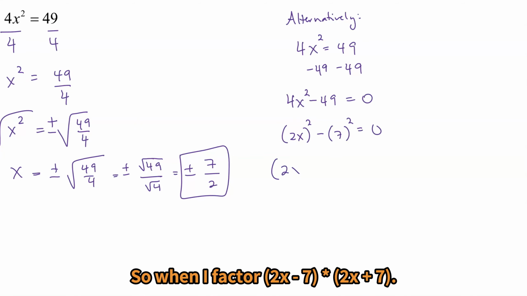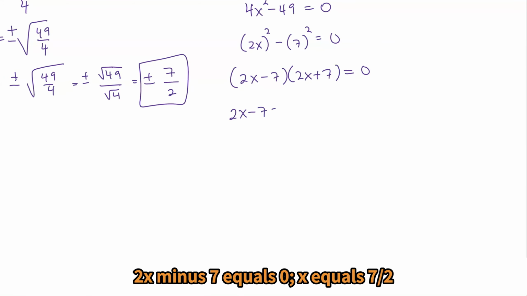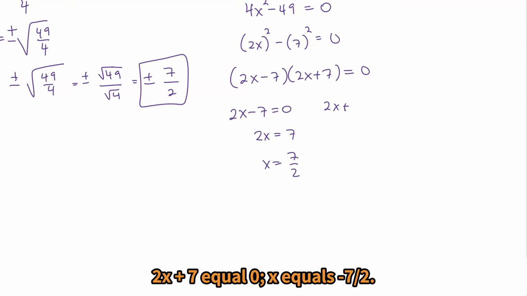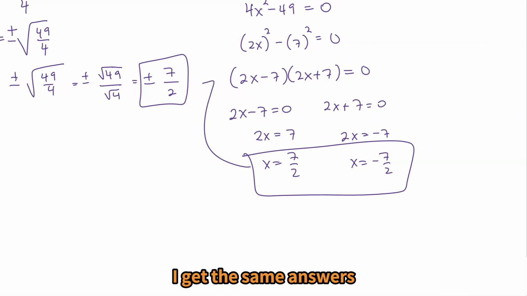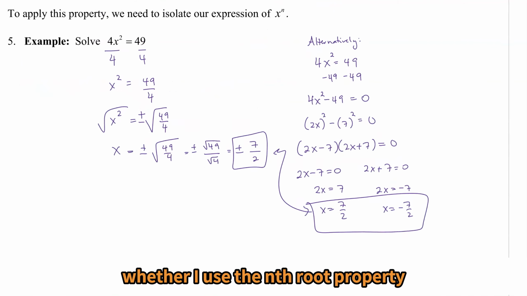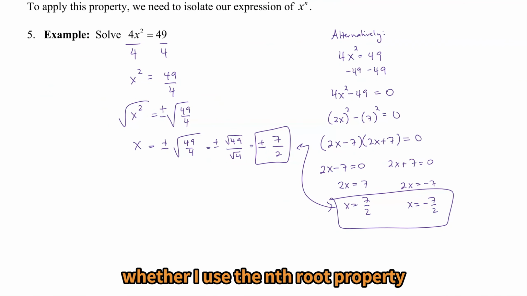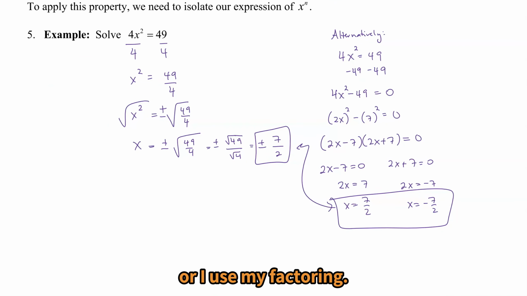So when I factor, 2x minus 7, 2x plus 7, 2x minus 7 equals 0, x equals 7/2, 2x plus 7 equals 0, x equals negative 7/2. I get the same answers whether I use the nth root property or I use my factoring.